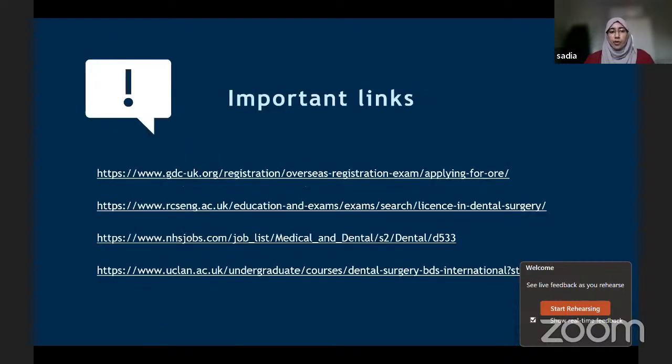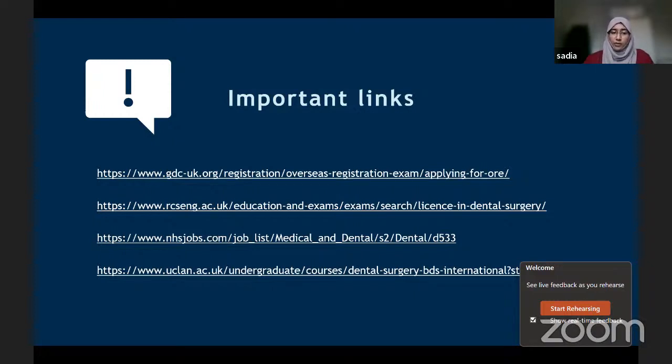Here are some of the important links that you would like to know. The first link is for the GDC registration, that is how you register for the ORE. The second one is for the LDS exams. The third one is for the kinds of jobs you will find here in the UK.